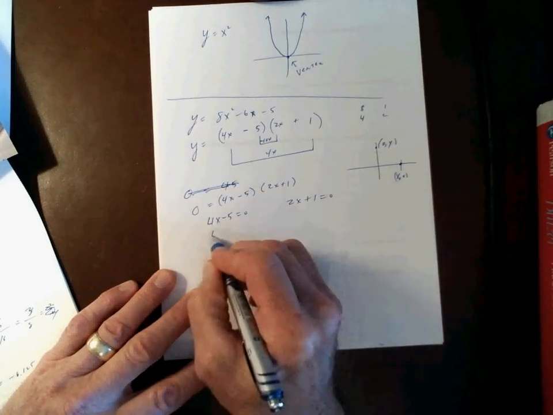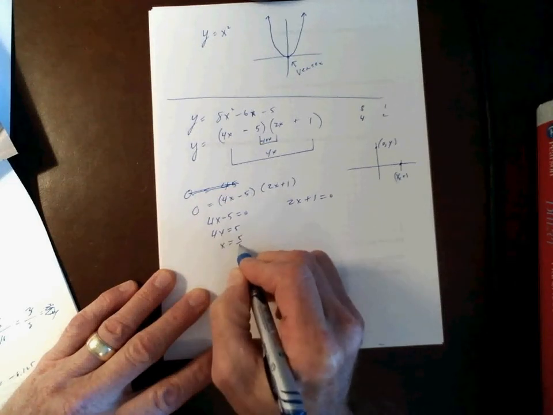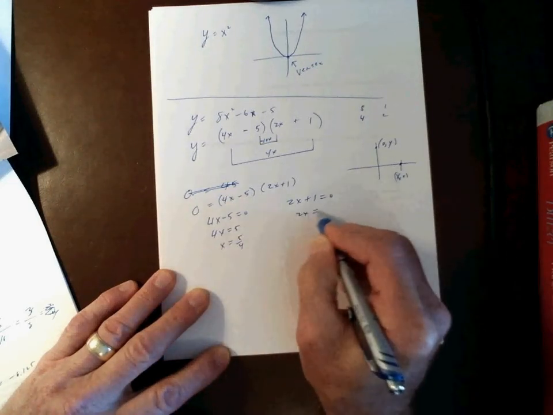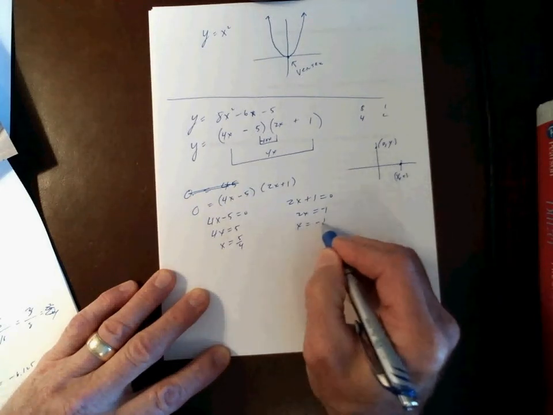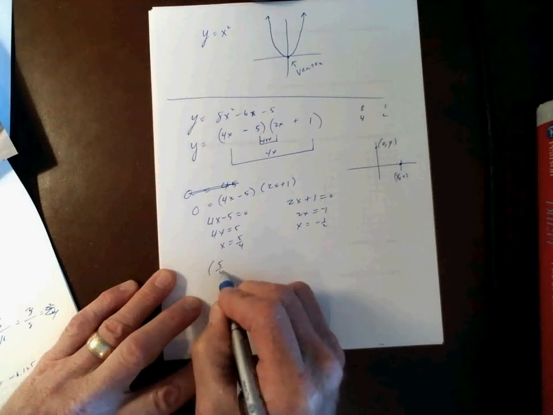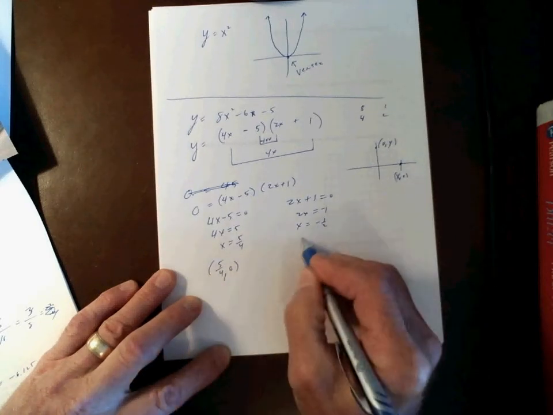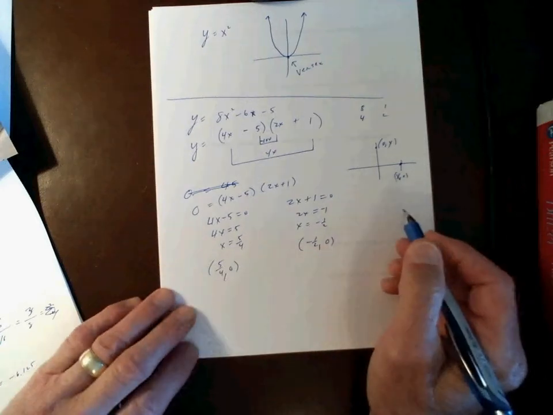So 4x will be equal to 5, and x will be equal to 5 over 4, and 2x will be equal to a negative 1, and x will be equal to a negative 1/2. So my intercepts are going to be 5 over 4 comma 0, and the other intercept will be negative 1/2 comma 0. Those are my x-intercepts.